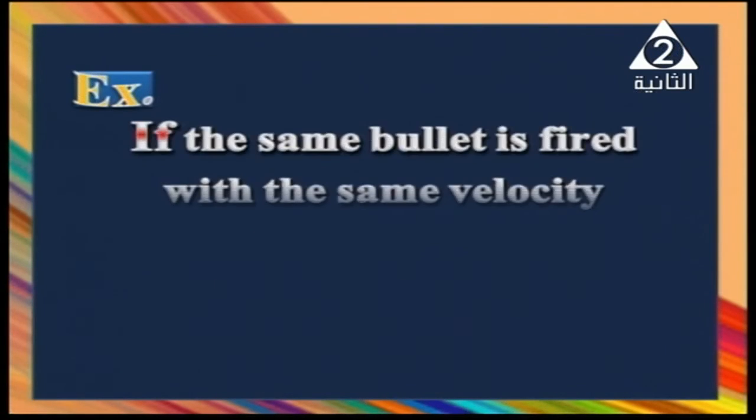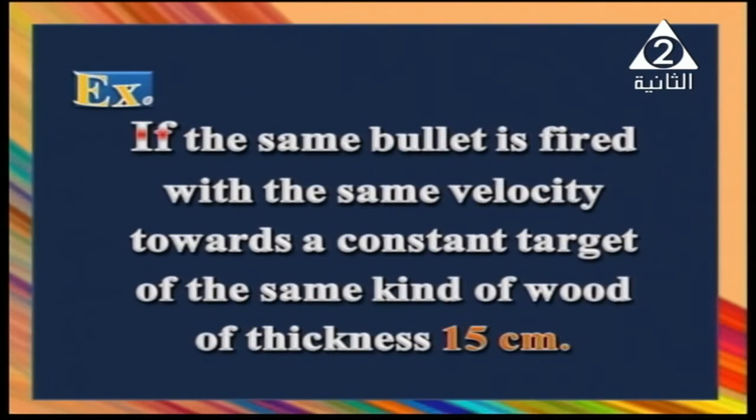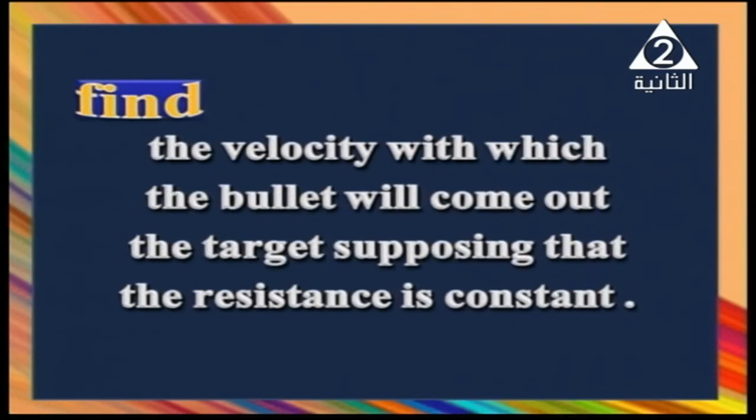If the same bullet is fired with the same velocity towards a target of the same kind of wood of thickness 15 centimeter, find the velocity with which the bullet will come out of the target, supposing that the resistance is constant.